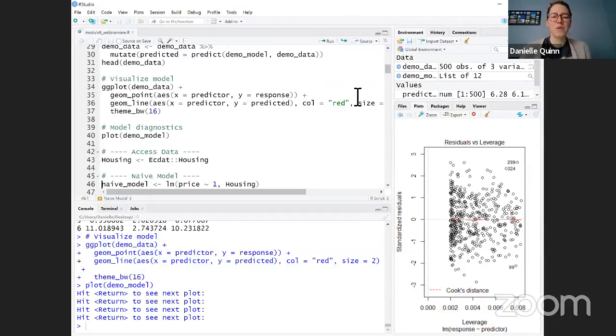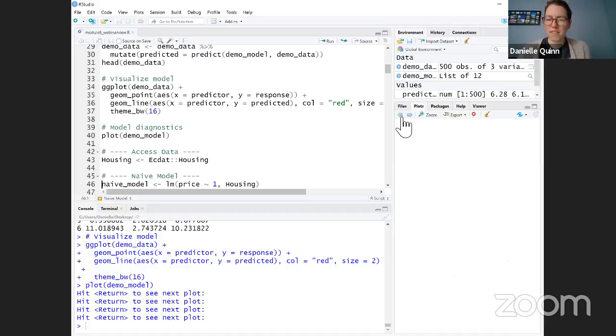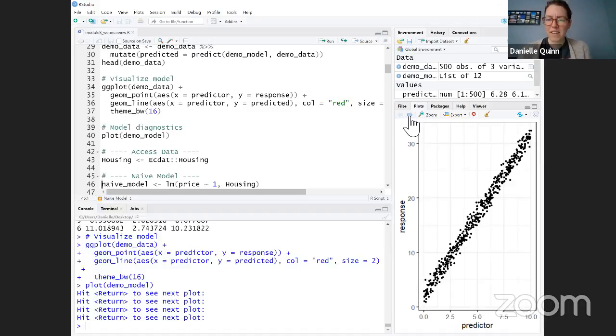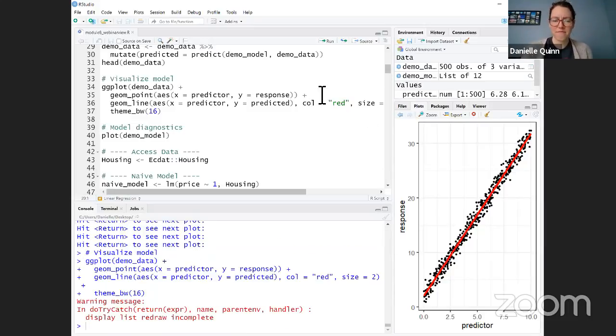So Steve is asking, what about the error? Let me scroll back through these plots if I can. Okay, there we go. So basically, when we say the response is equal to the slope times the predictor plus the intercept, that represents the red line.